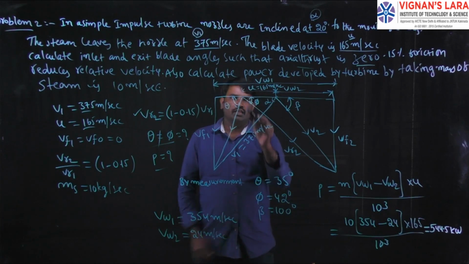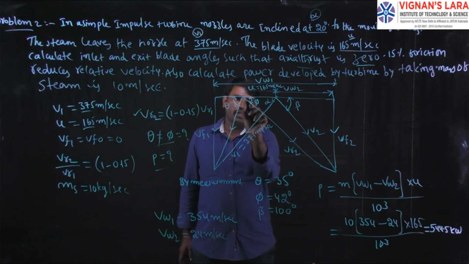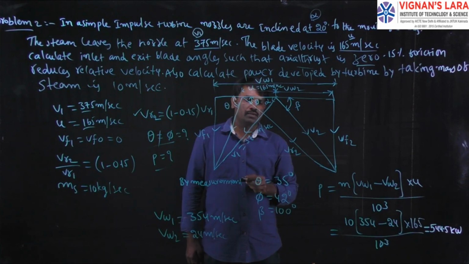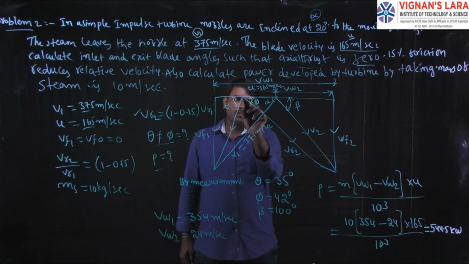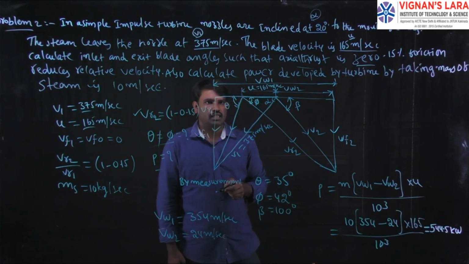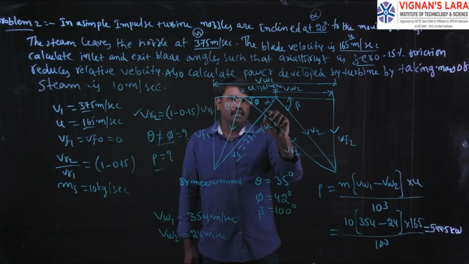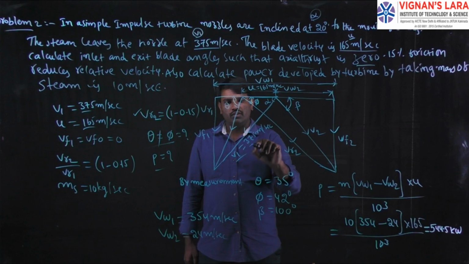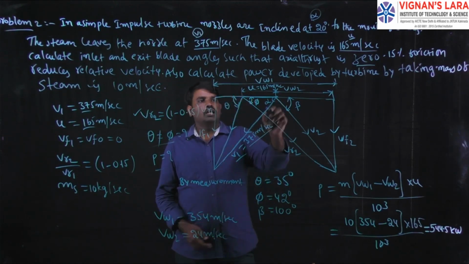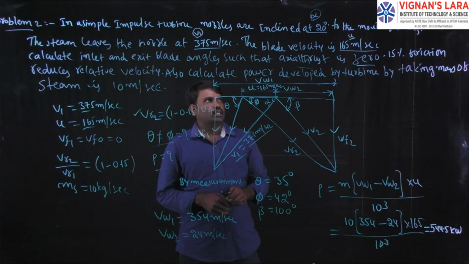First you have to draw the u velocity line, u equal to 165 meter per second, taking a suitable scale like 4 centimeters or 3 centimeters. Later draw V1 as 375 meter per second at an alpha angle of 20 degrees.